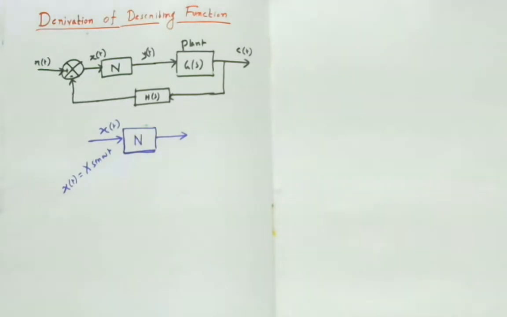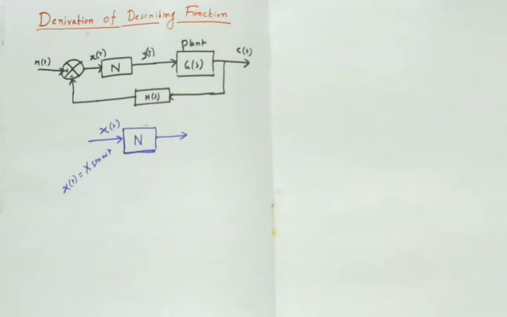Suppose you are applying a sinusoidal input, it may provide a square wave periodical waveform, or a triangular type of periodical waveform, or various types of periodical waveform. What I want to say is that it must be periodical, but it is not sinusoidal.